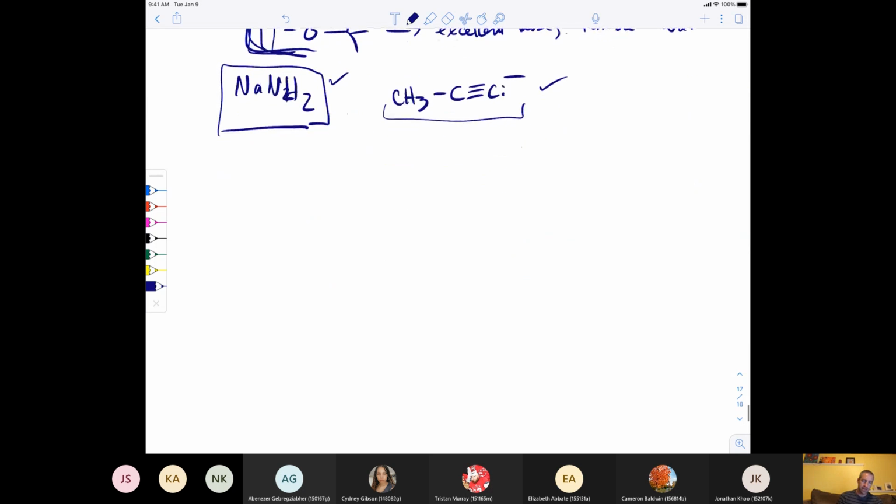Everything else, if it has a negative charge, we're going to consider a strong nucleophile. Examples are N3-, which is called azide, and cyanide.